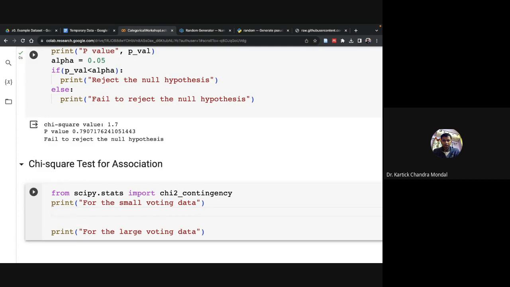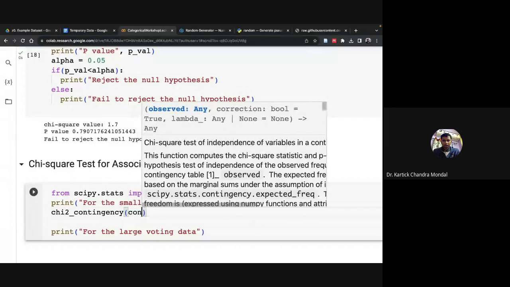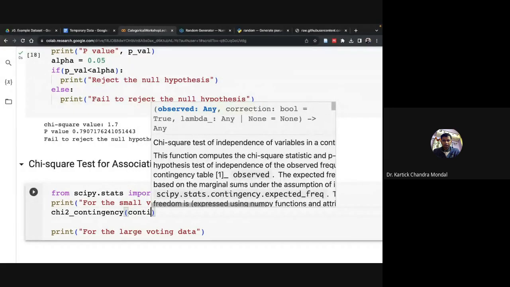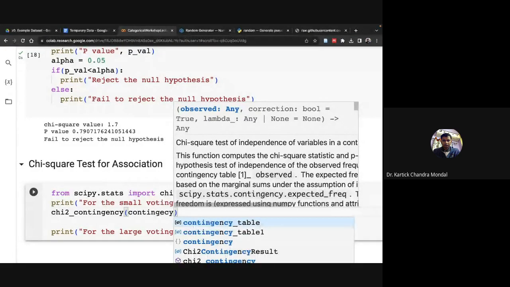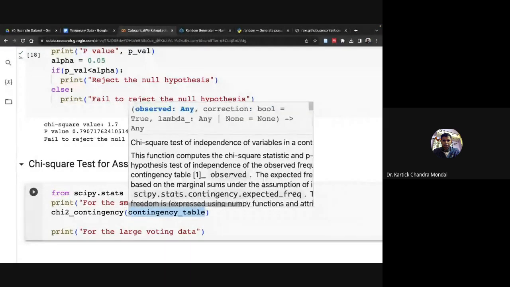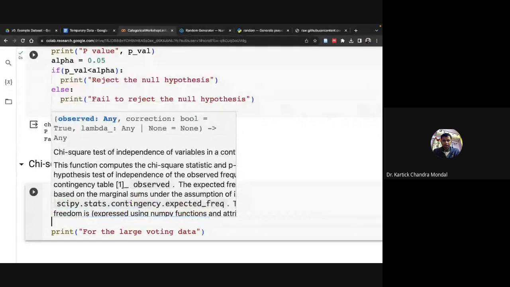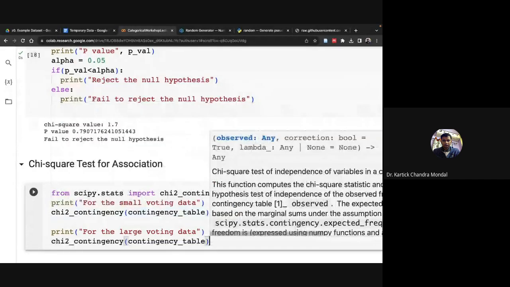So the same code you have to write, that is chi2_contingency, and then the contingency table. And here you have to use contingency table 1.